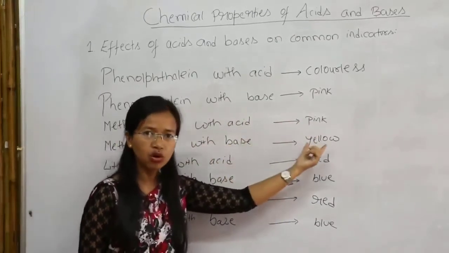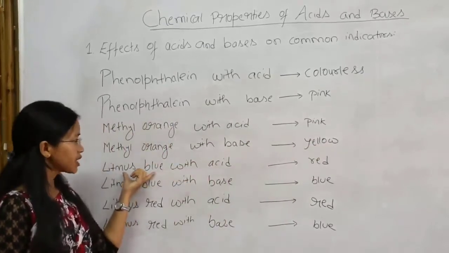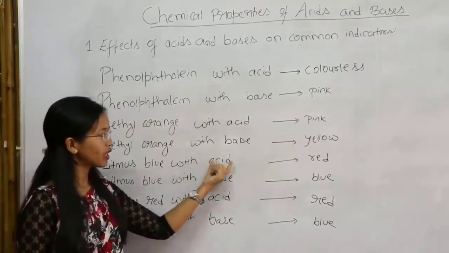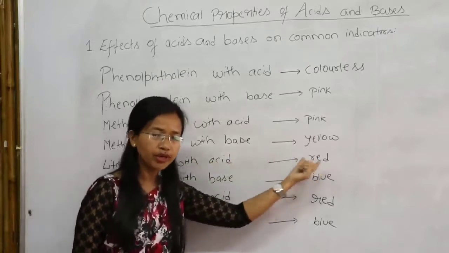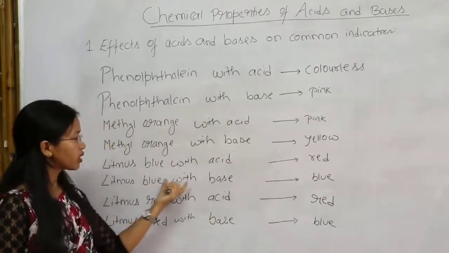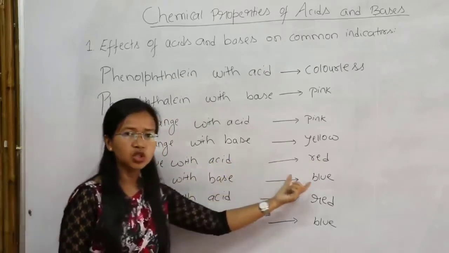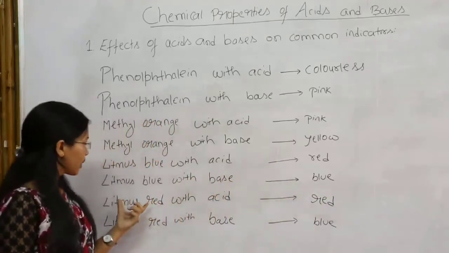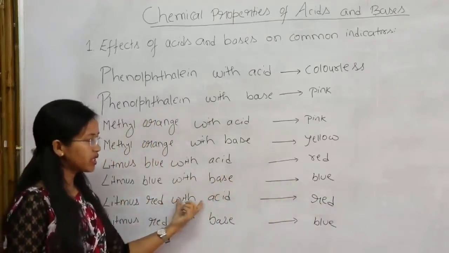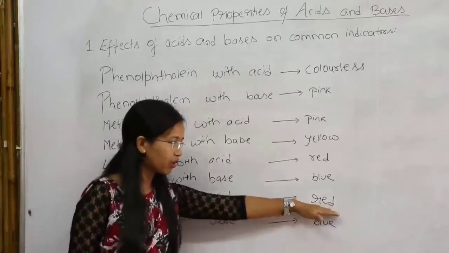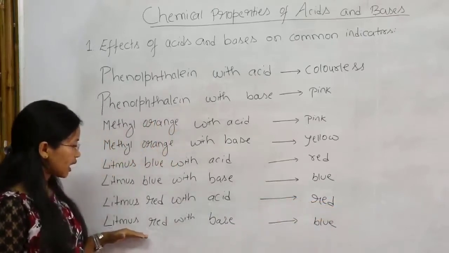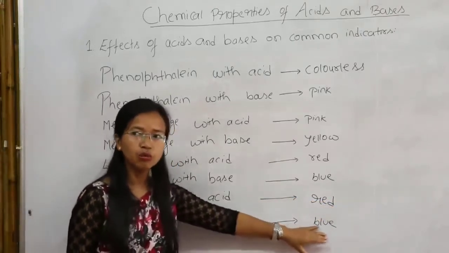Litmus blue turns red with an acid and stays blue with a base. Litmus red stays red with an acid, but turns blue with a base.